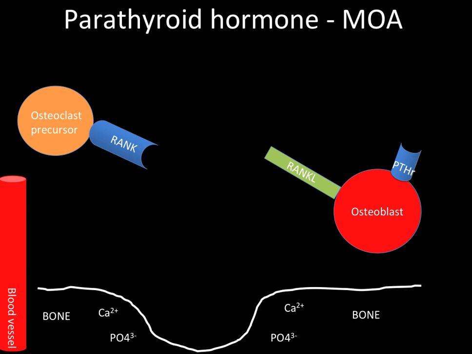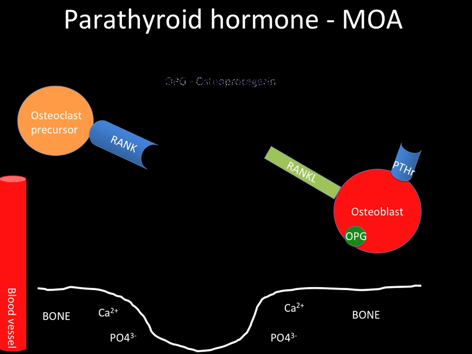Now, the second thing we need to talk about is this little protein that's going to be expressed on the osteoblast, which is referred to as the RANK ligand. Don't worry about what this stands for. Now, given half a chance, the RANK ligand and its receptor, RANK, would bind, and that would induce the osteoclast precursor to then differentiate into an osteoclast. But the osteoblast normally prevents this from occurring by synthesizing a protein named OPG that you can see there.